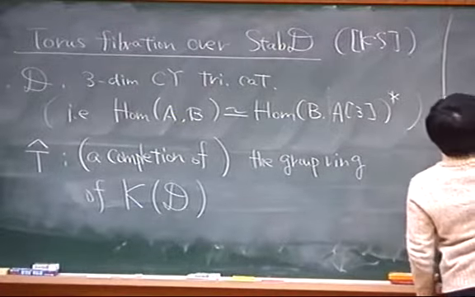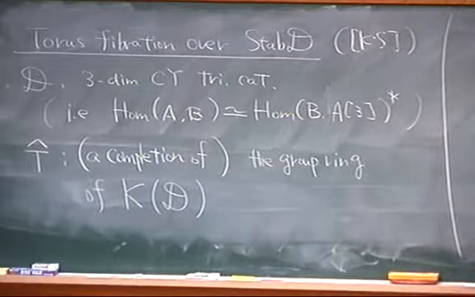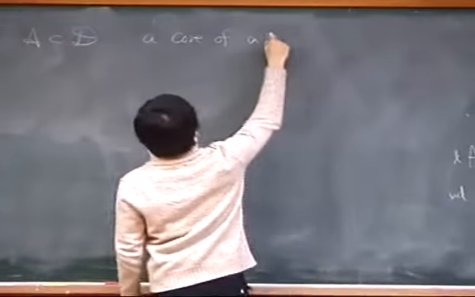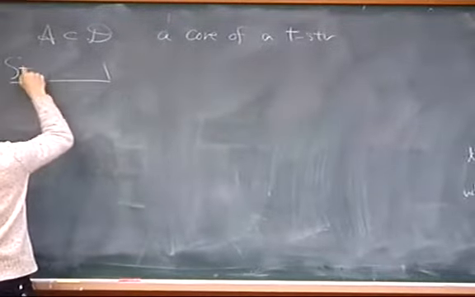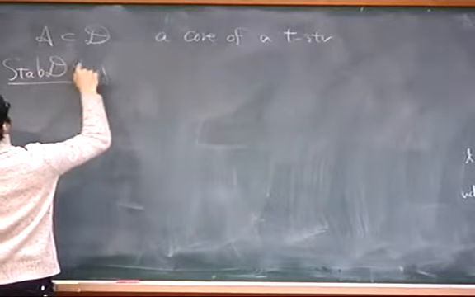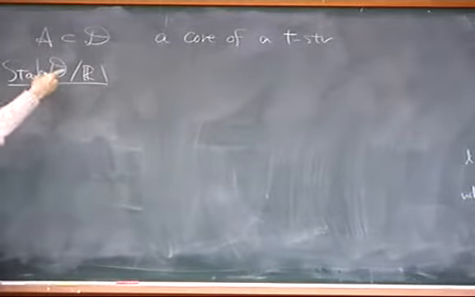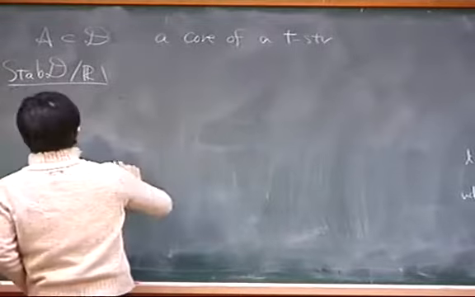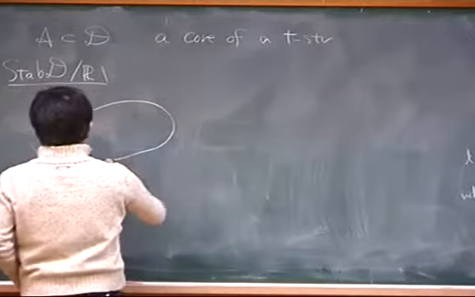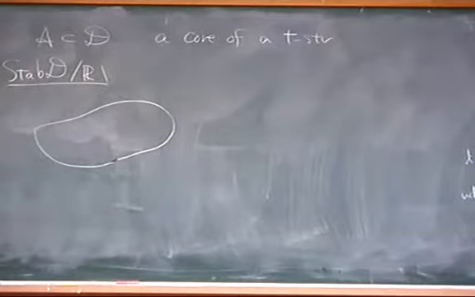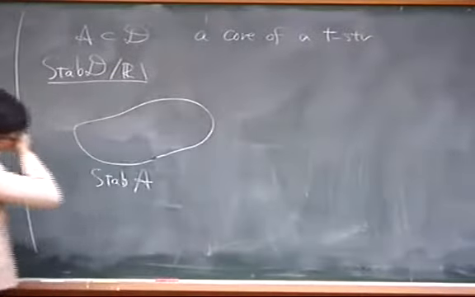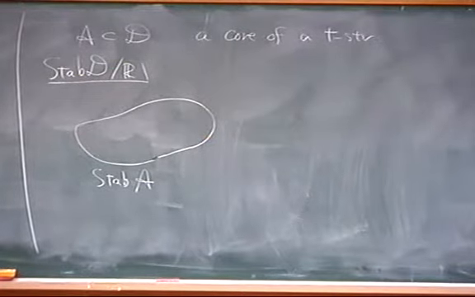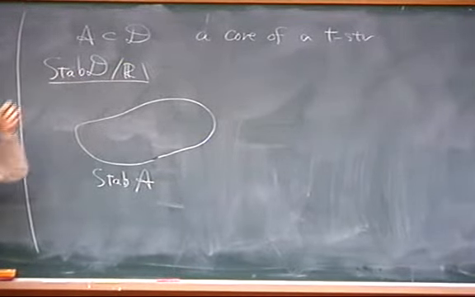So let A be the heart of a T structure, and assume that in the space of stability conditions, we have a stability condition on A. This gives us an open set in the space of stability conditions for D.